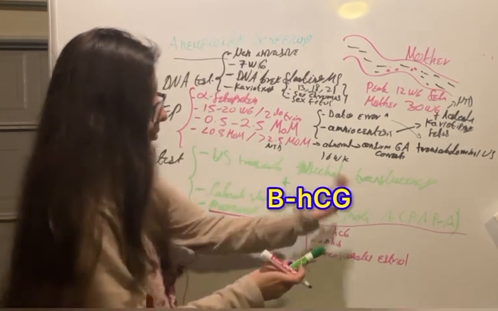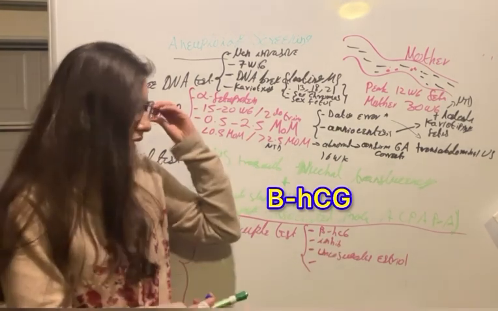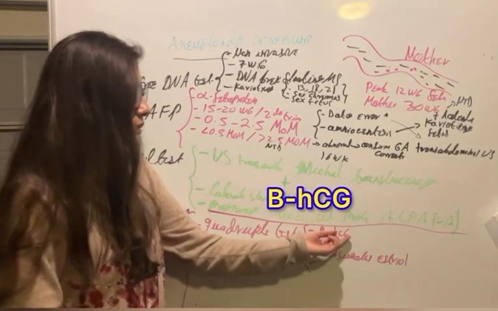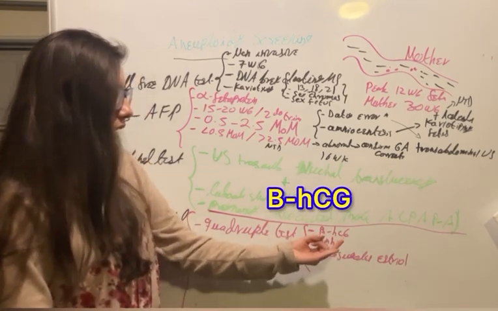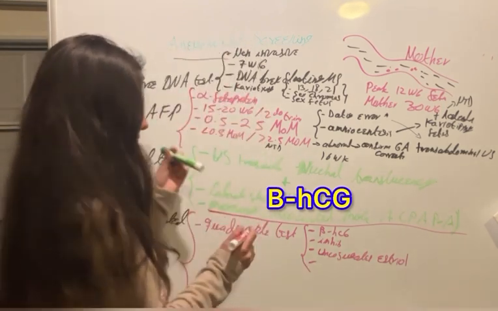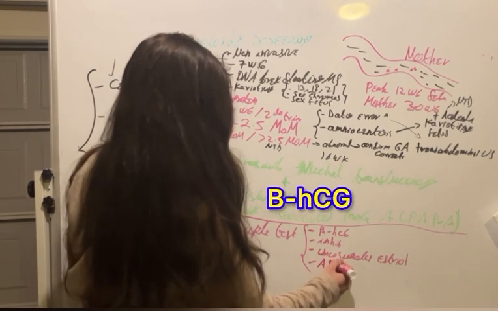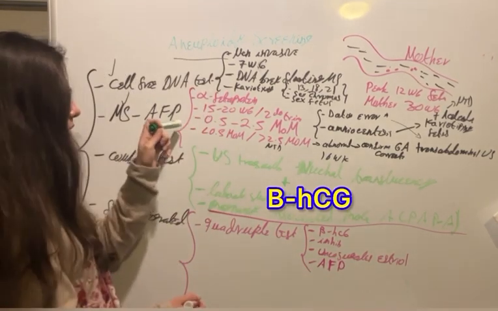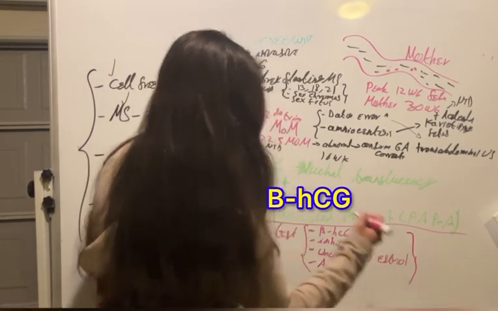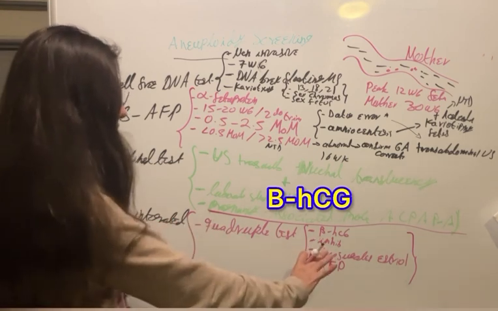So remember that we measure the beta HCG at the beginning of pregnancy. Here when we are doing the quadruple test, we again measure beta HCG, inhibin, unconjugated estradiol and alpha-fetoprotein, which is the one we're talking about here. This is the quadruple test.